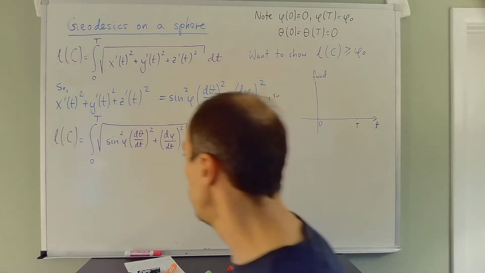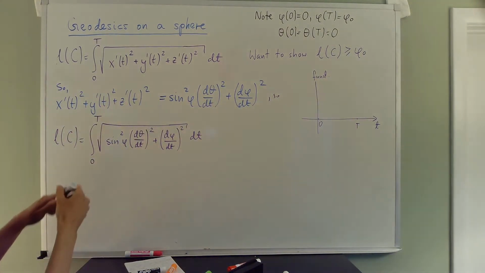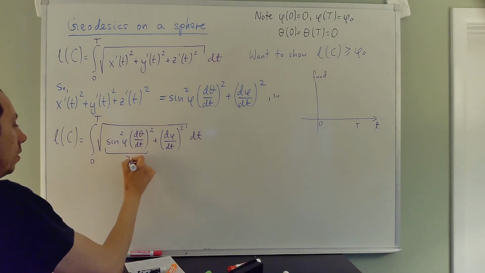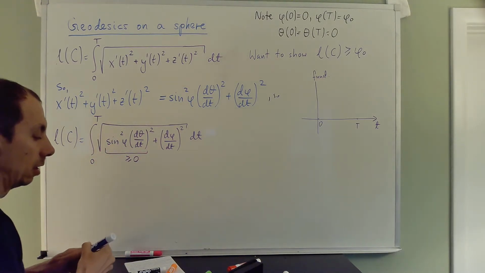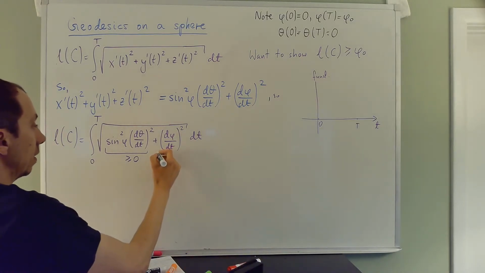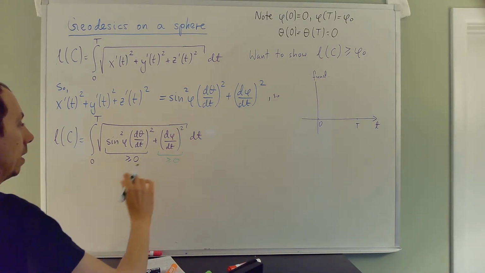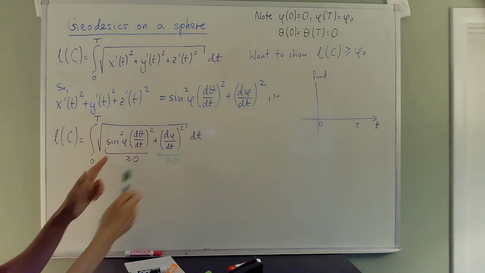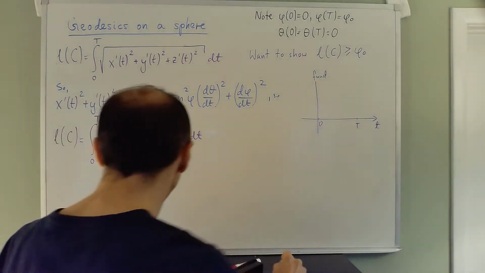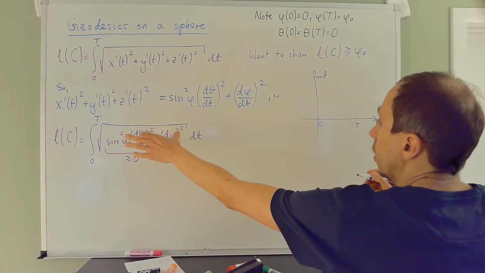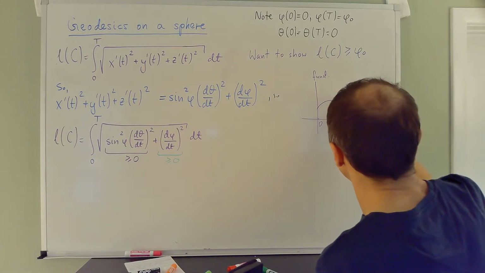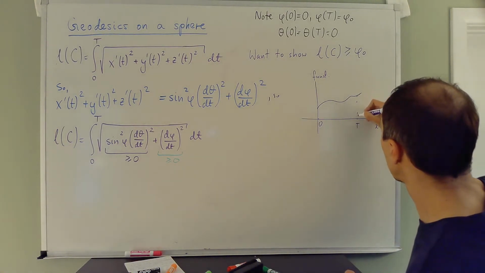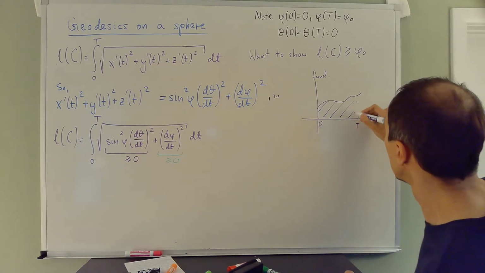And look at what kind of function this actually is, right? This thing here is positive, or non-negative at least, right? And so is this. And in fact, the radical of it is also positive. So, at every value of t, these things are positive. So that means the graph of that whole radical is just something that lies above the t-axis. And the integral is just the area of this.